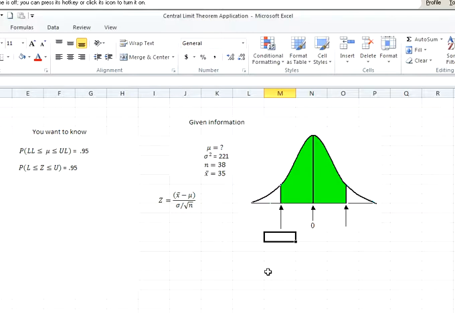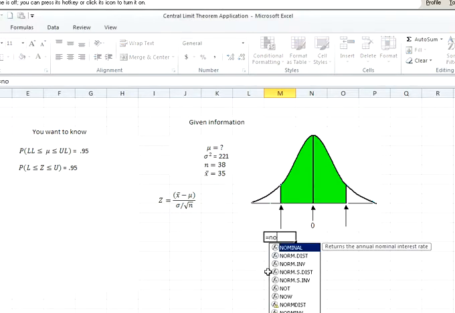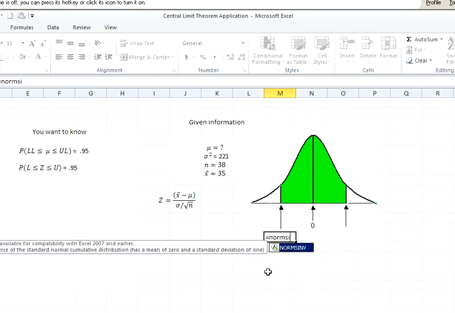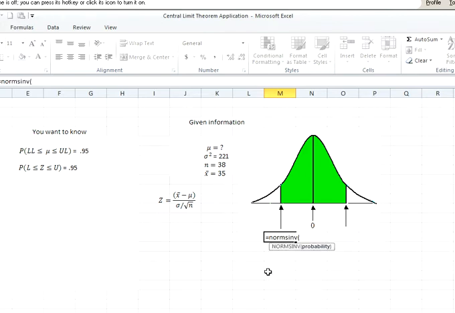So let me just type it, equal to NORMSINV, and that is 0.05 divided by 2. Why divided by 2? Because half of 0.05 is here, half of 0.05 is there. Okay? So enter.